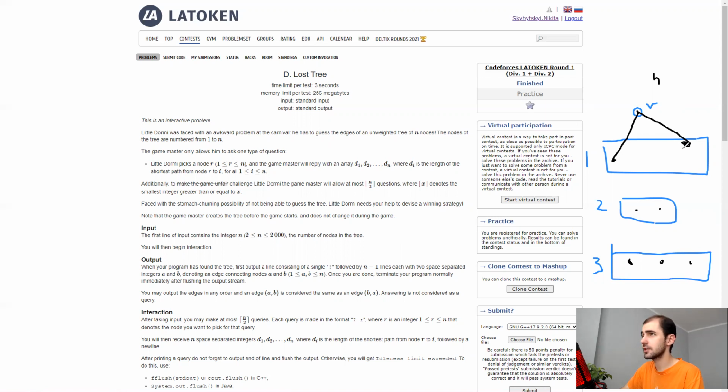And then I started thinking, I have a lot of queries, so I don't need to do a lot of work per query. So what I could do instead is try to cover all edges with my vertices. That's just called a minimum vertex cover, I believe.